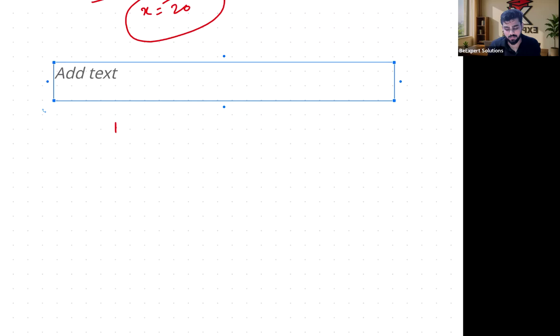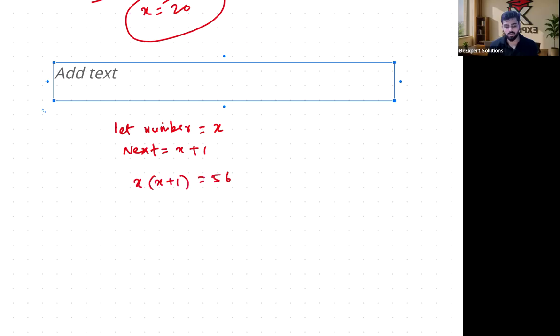So let the number be x. And the next number would be, because this is the first number, x plus 1, because they said the product of two consecutive integers means numbers that come just one after another. So x and then x plus 1 would be the other number. So the equation will become x times x plus 1, which is equal to 56.